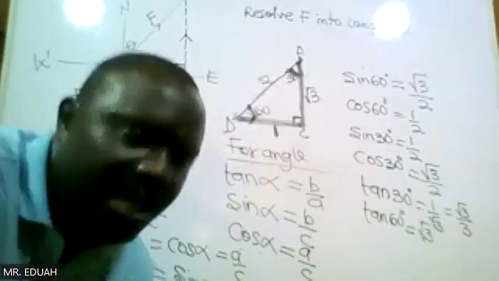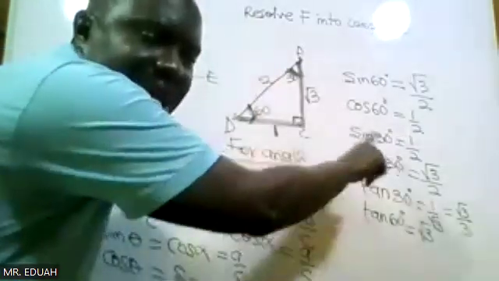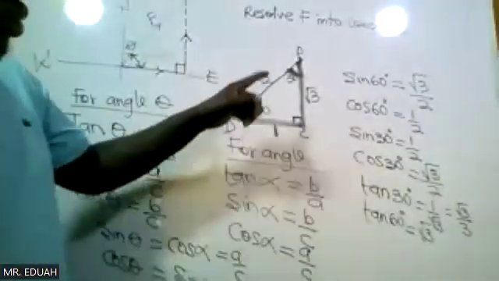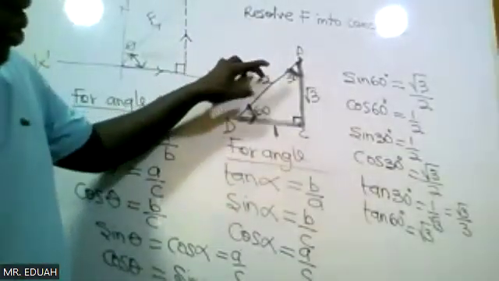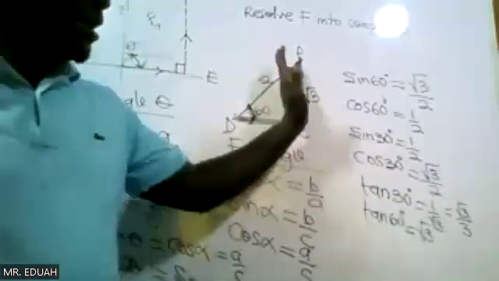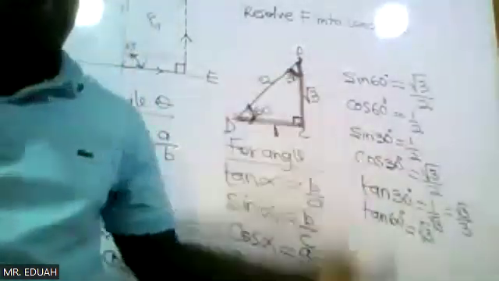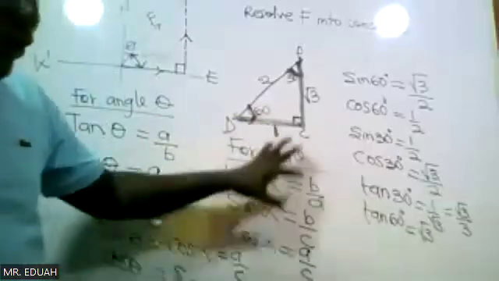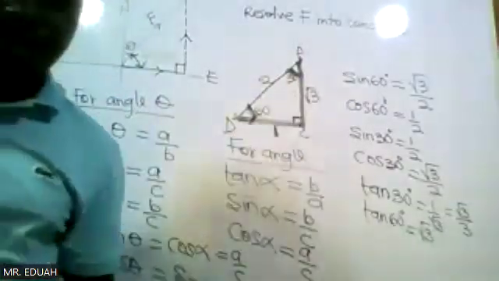So 60 here, 60 there, and 30 up. Then I clean one side. Because there are 2 units each, this is 2, this side must also be 2. Then this is 1, 1. Clean the other side and use it with the knowledge of trigonometry for my analysis.